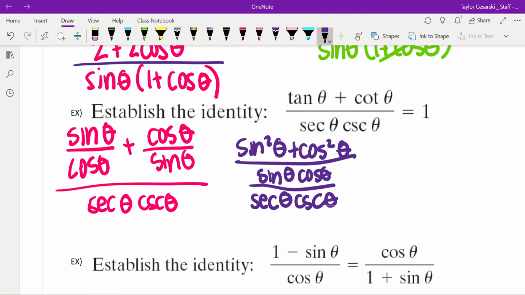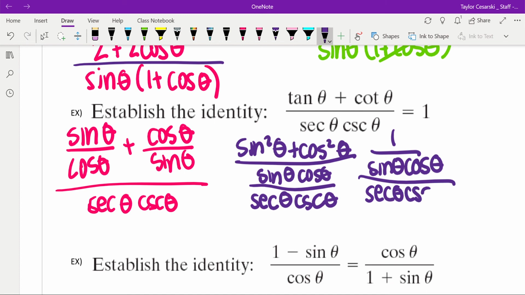Sine squared plus cosine squared is going to be 1. So I get 1 over sine of theta, cosine of theta, over secant of theta, cosecant of theta.